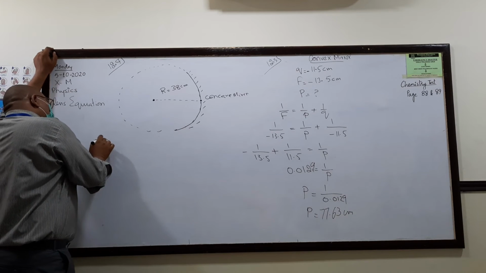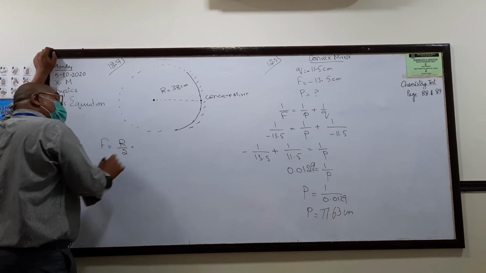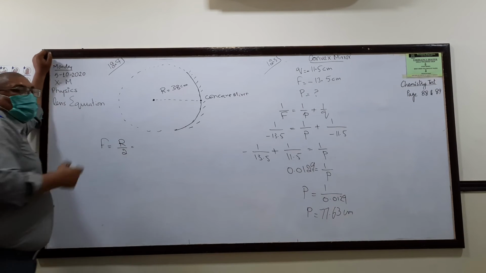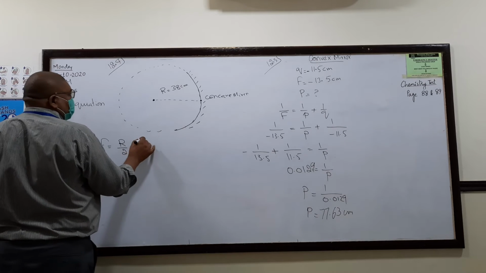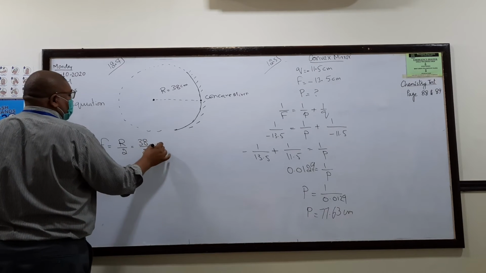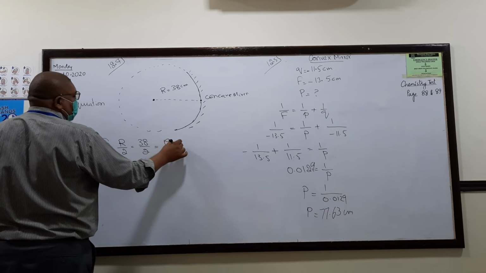So the focal length is half the radius of curvature. Remember, the focal length of a concave mirror or convex mirror is half the radius of curvature. The radius of curvature is 38, divided by 2, so it will be 19 centimeters.